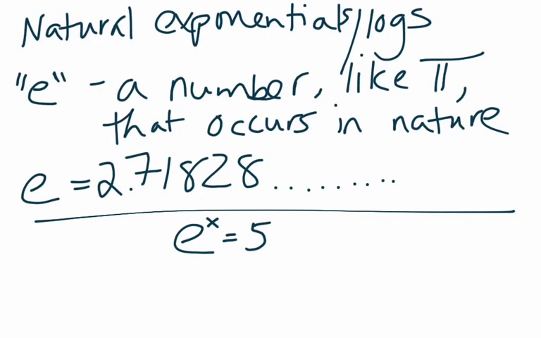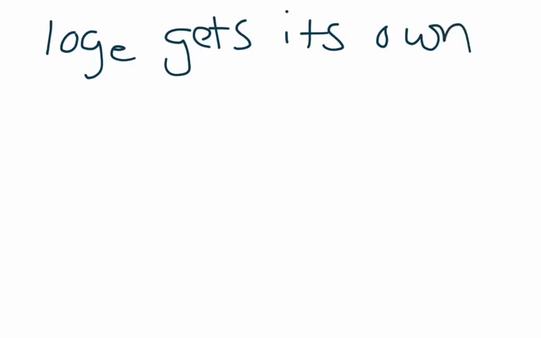When you go to change that to a logarithm, you will have log base e of 5 is equal to x, and log base e actually gets its own symbol.